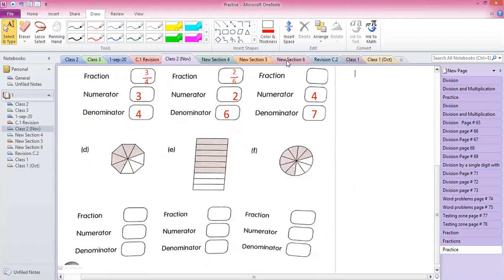Coming to figure D now. You have to tell me the denominator of figure D. Yes, I'm going to open the chat. Tell me, what is the denominator in figure D?